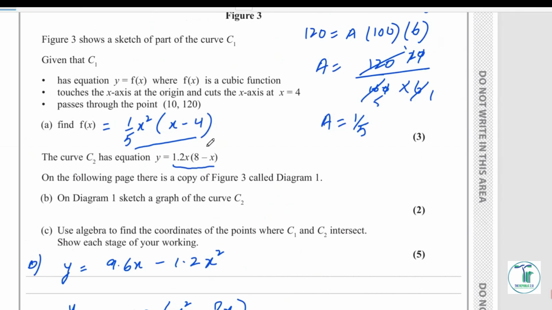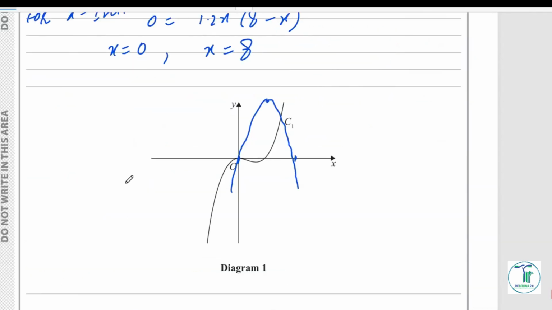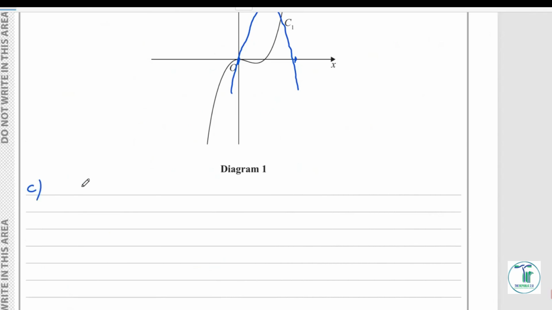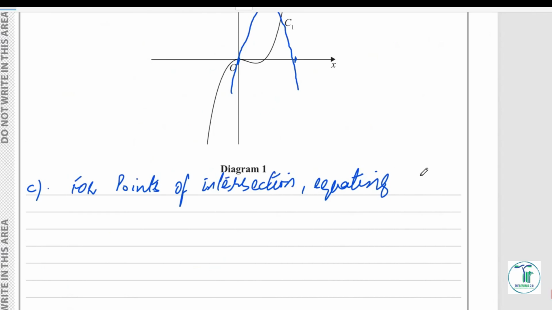We can simply equate them to get the x coordinates. And once we've got the x coordinate, we can eventually get the y coordinates as well, right? So in the C part, for points of intersection, we need to equate the above equations.